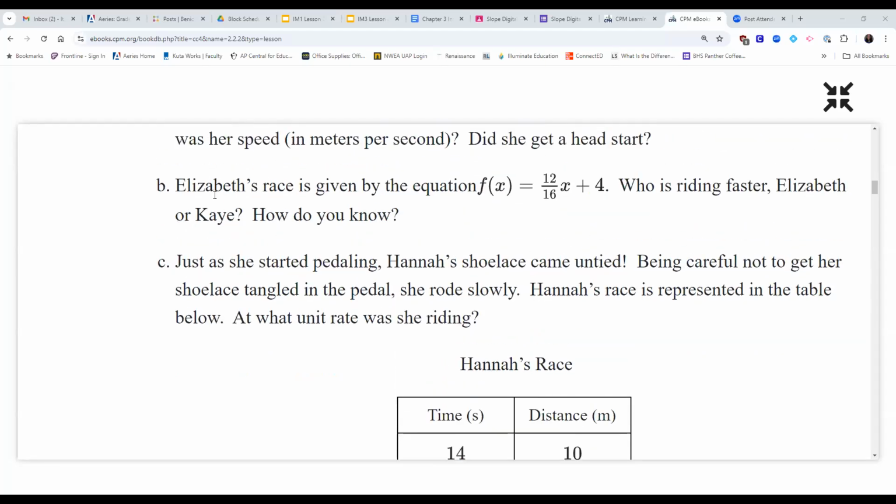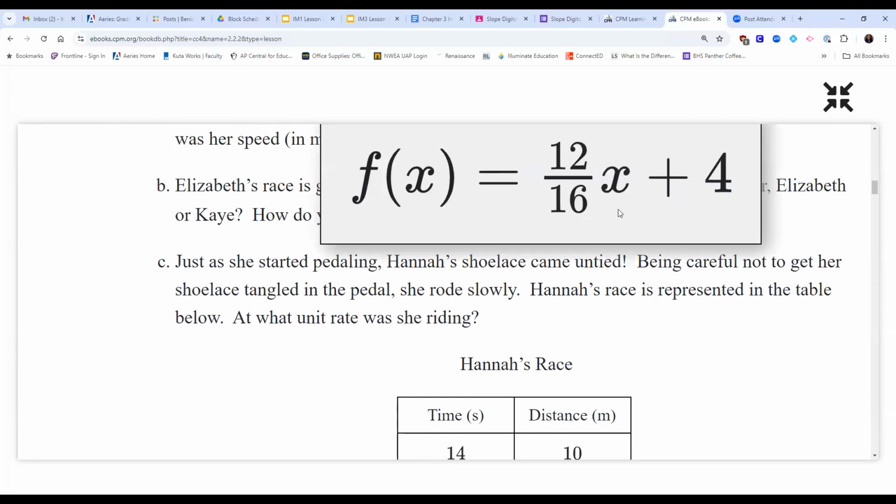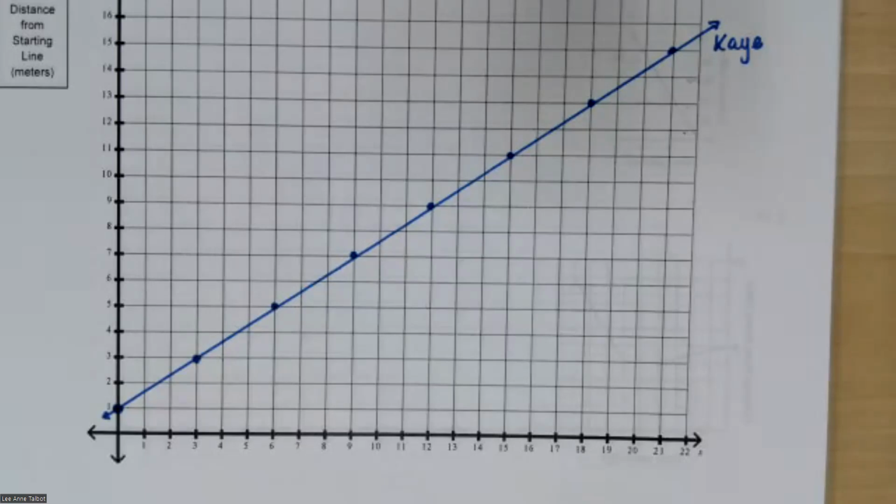Okay, Elizabeth's race is given by the equation f of x equals 12 over 16x plus 4. Okay, so we're going to just take a minute because that's a lot.